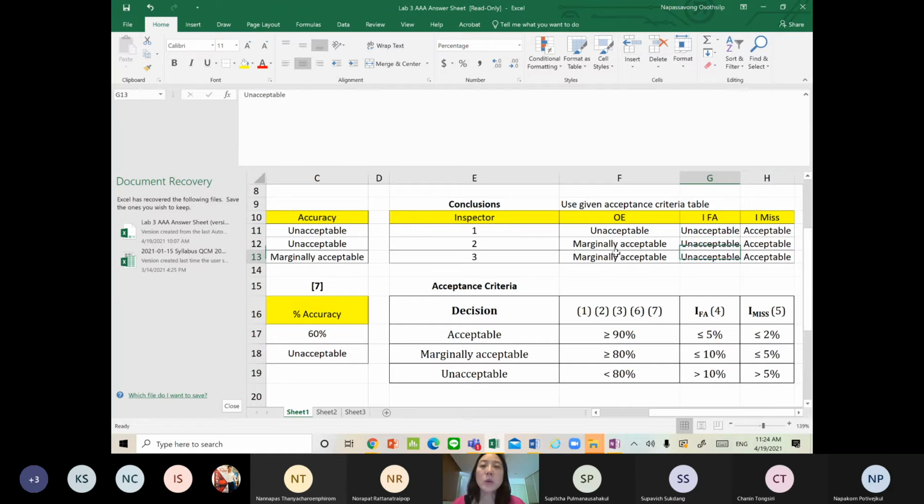So if we want to improve, we have to improve our inspectors in terms of false alarm error. And how do we improve it? By making clear standards, having good training, and monitoring the performance of the training, those kinds of things.